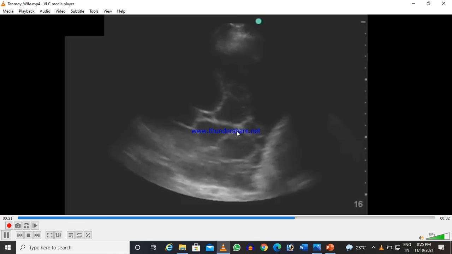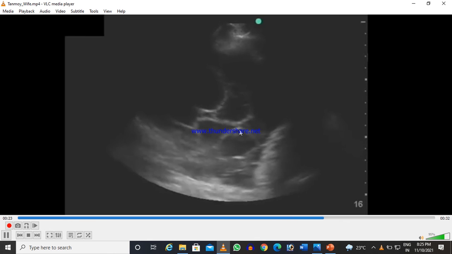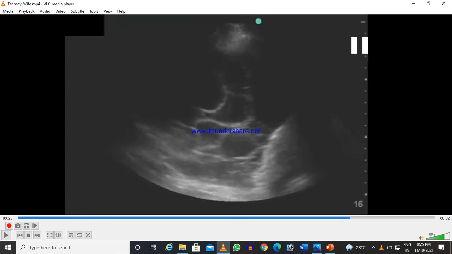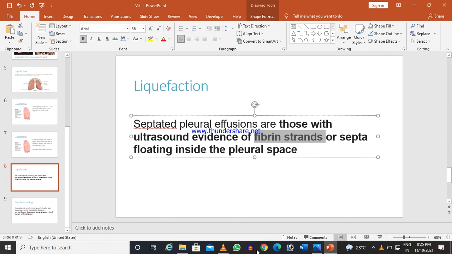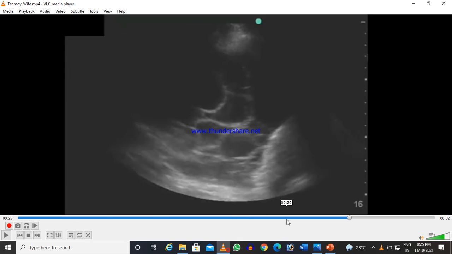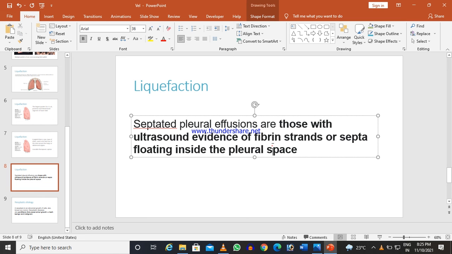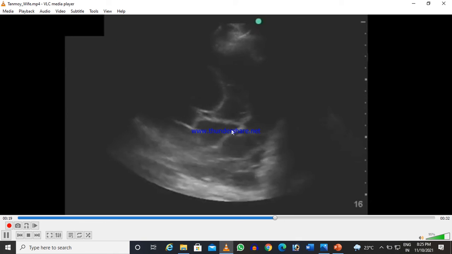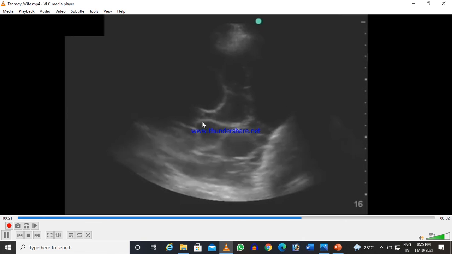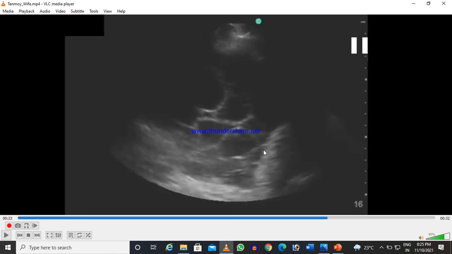This is a different report, not for this patient, but to show the septated pleural effusion. There is a fibrin or strand. You can see here it is floating, basically the fibrin or strands or septa floating inside the pleural cavity.